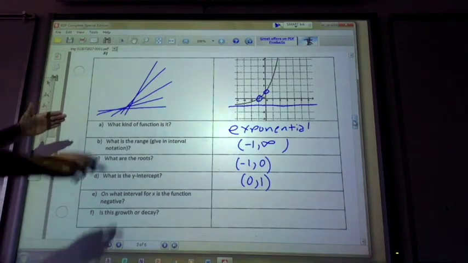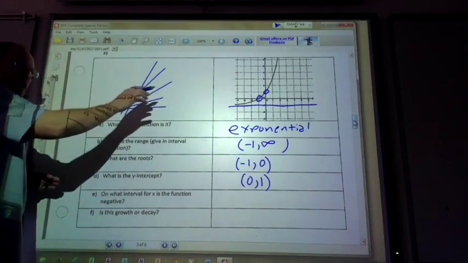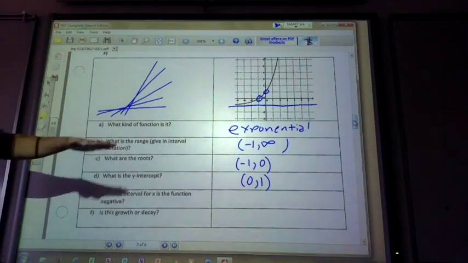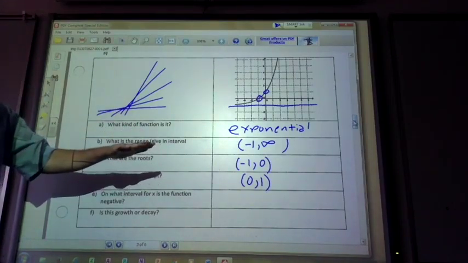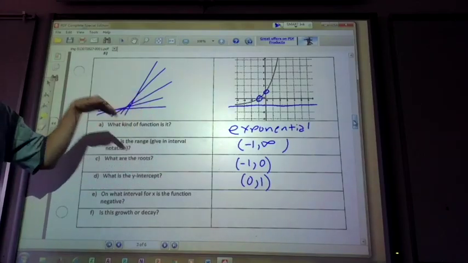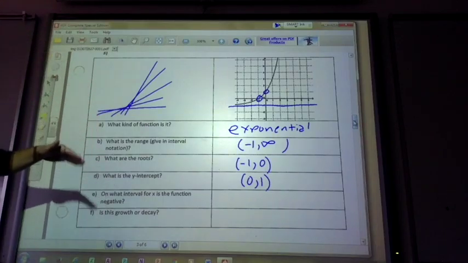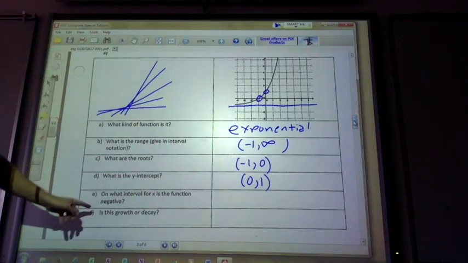Well, here's the thing. These are all positive slopes. So no matter where on that line you fall, it will be a positive slope. Some places it'll be really close to a horizontal line, but it still has somewhat of a positive slope. So being exponential growth would mean that it's not going to have any negative.